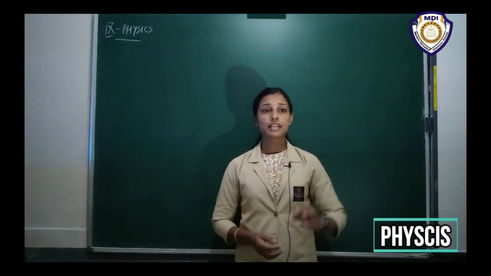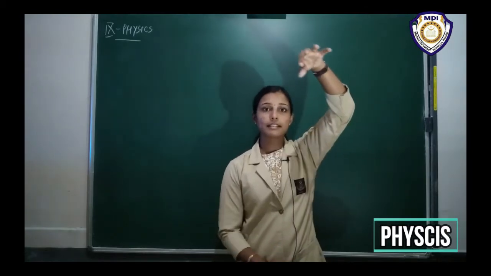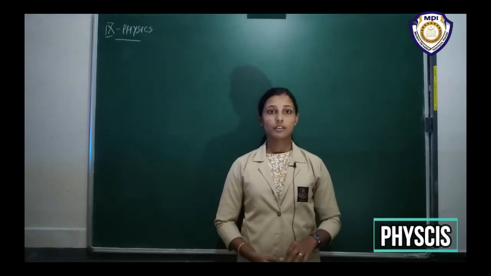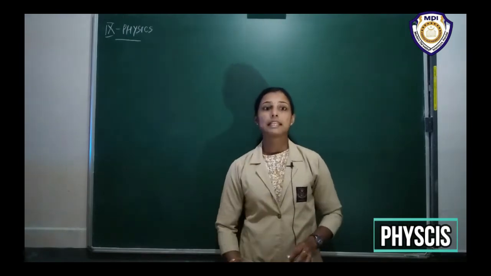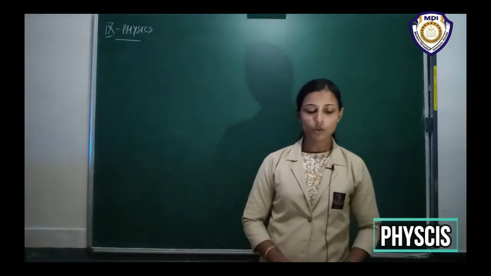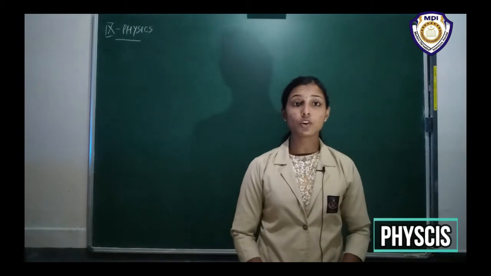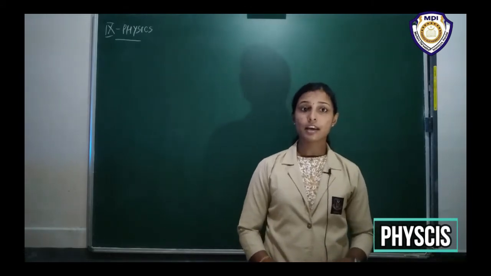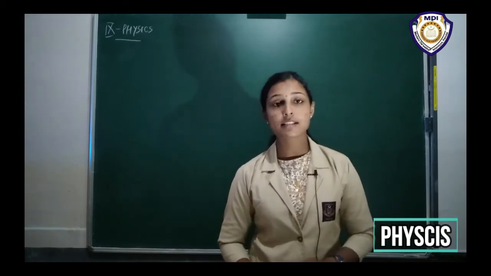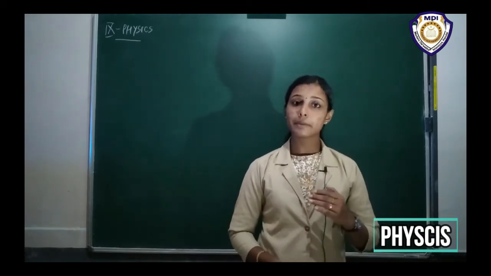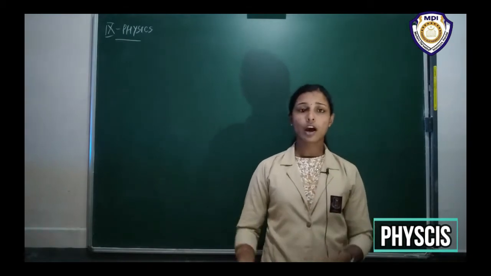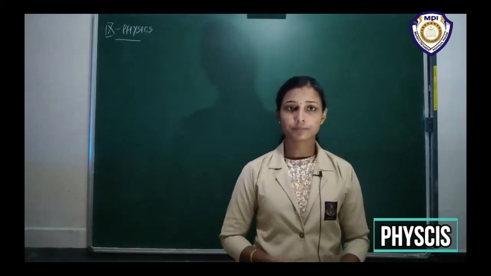A freely falling body falls like this, in a straight line, right? Even though it has no directional change, the velocity is changing. So we can say the body has some acceleration. When the velocity changes, what happens? It has acceleration, right?